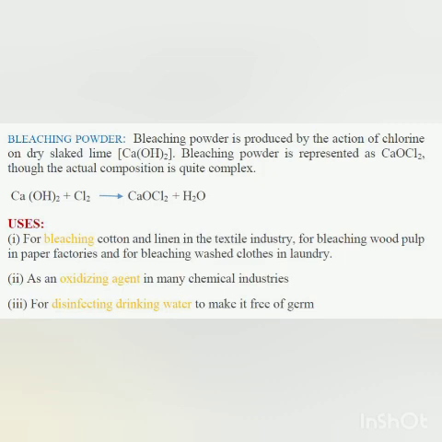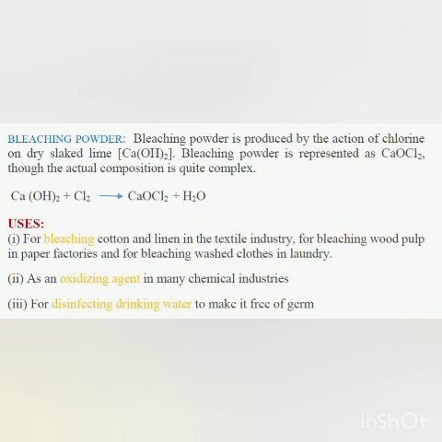It is generally used for bleaching cotton and linen in the textile industry, for bleaching wood pulp in paper factories, and for bleaching washed clothes in laundry. It is also used as an oxidizing agent, and the main important use of bleaching powder is disinfecting drinking water to make it free from germs.